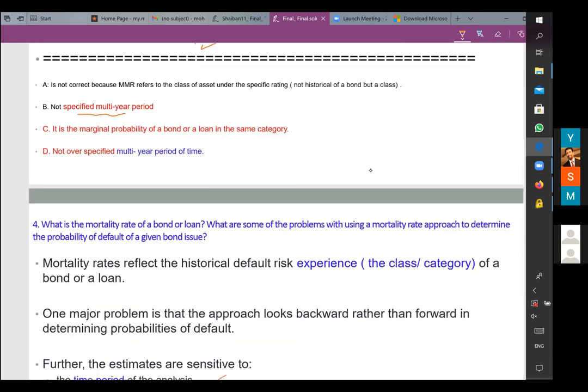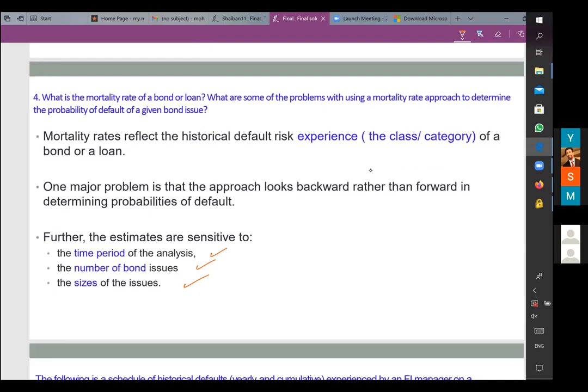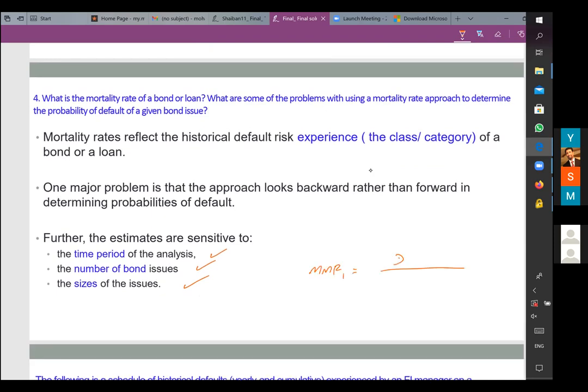The MMR, for example, marginal mortality for year one, is the defaulting, right? How many of them defaulted over the whole issue, the total issue of these bonds? Total issue, and this is the defaulting of this issue.